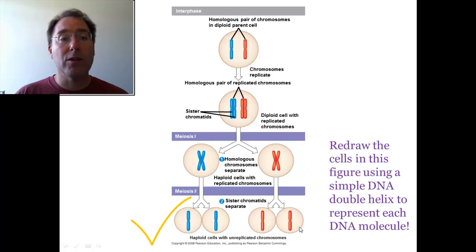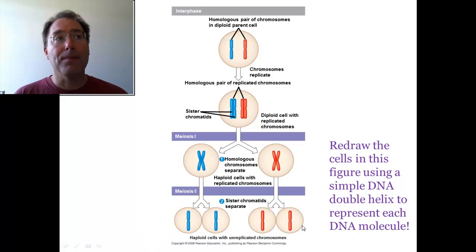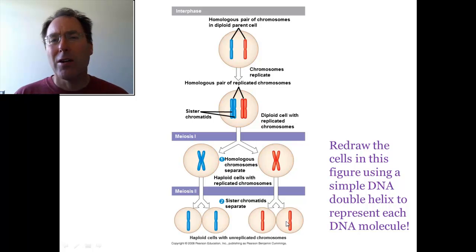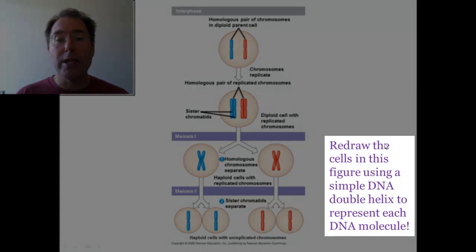And the key point to understand is that the chromosomes that were in that original cell at the top of this have been divided out, and so now each cell has 23 chromosomes. In the case of humans, each of these gametes has 23 chromosomes rather than 46. So please try to redraw this kind of in the cartoonish way that you just saw, and press pause.